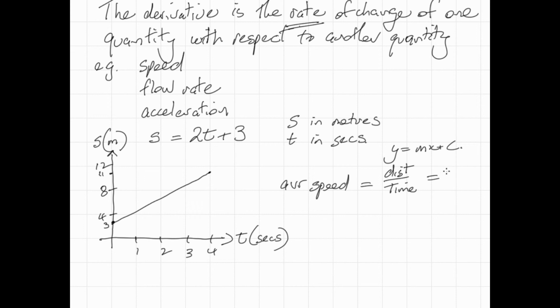So it'll be 11 minus 3 over 4 minus 0. So that'll be 8 over 4, which is equal to 2 metres per second. So that was its average speed over the first 4 seconds of travel.